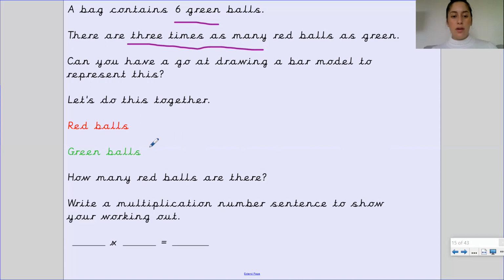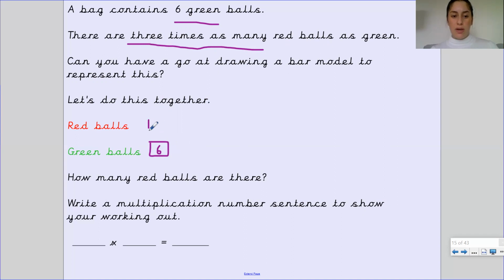Okay, so I know that one bag, I'm going to draw a rectangle to represent, because we want to draw a bar model. One bag represents 6 green balls. And I know that there are 3 times as many red balls as green.